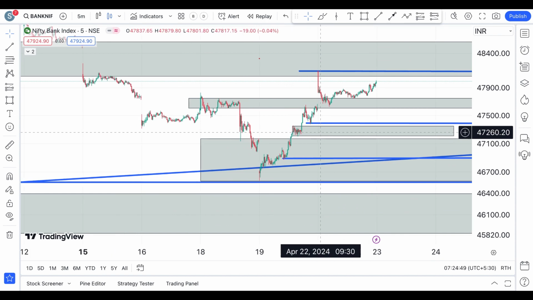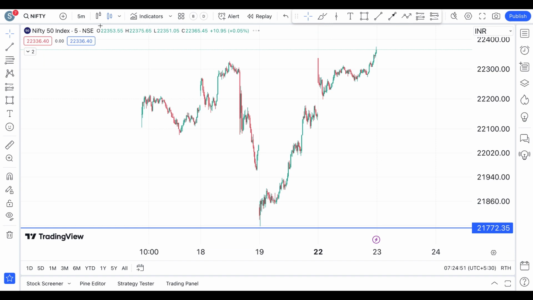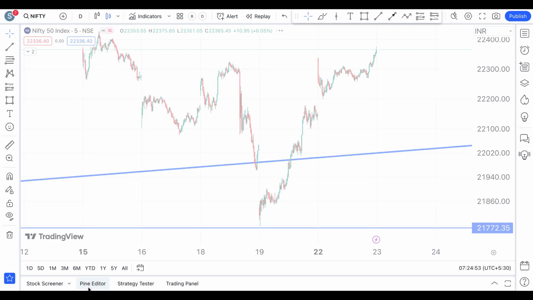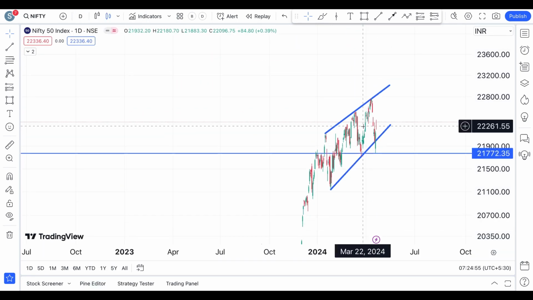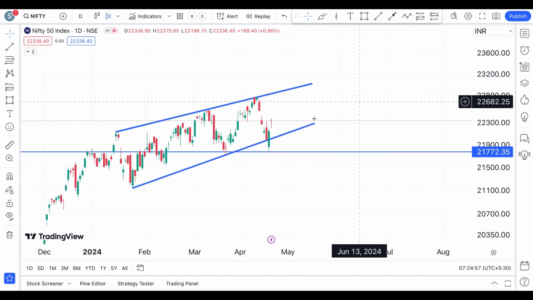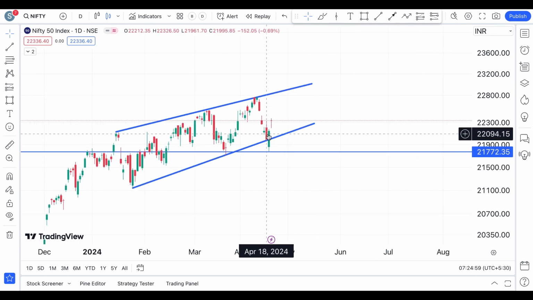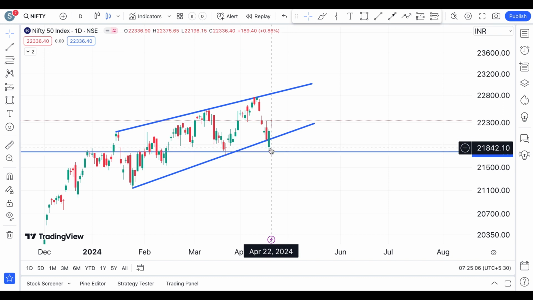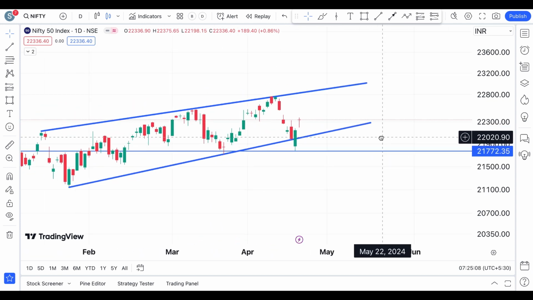Let's now quickly change our chart to the Nifty and start from the daily time frame. So here on the daily time frame, this definitely is a trend line. Here we have seen a gap down opening in the Nifty, and it has managed to give us a positive close.